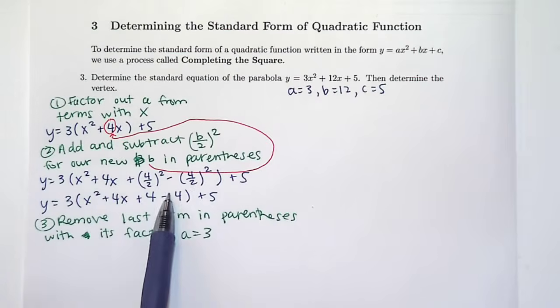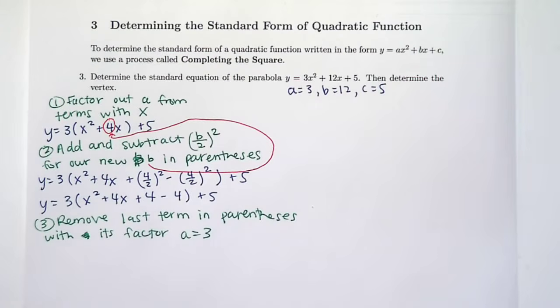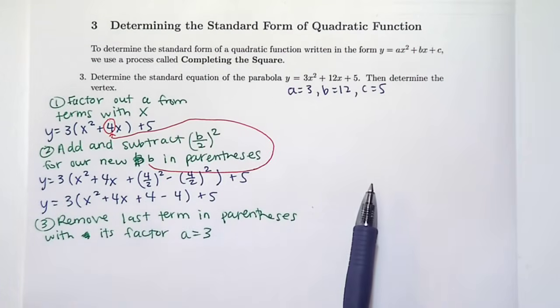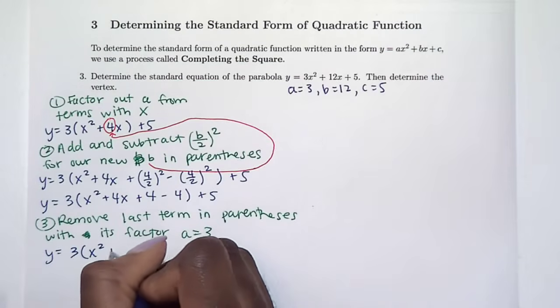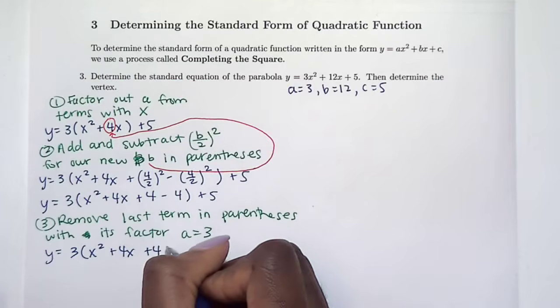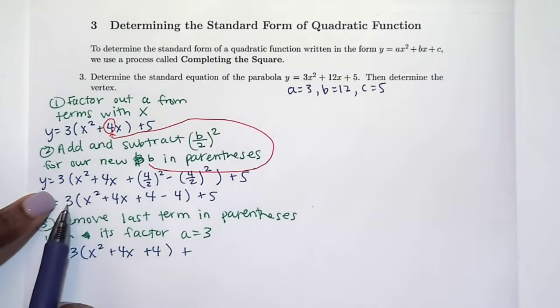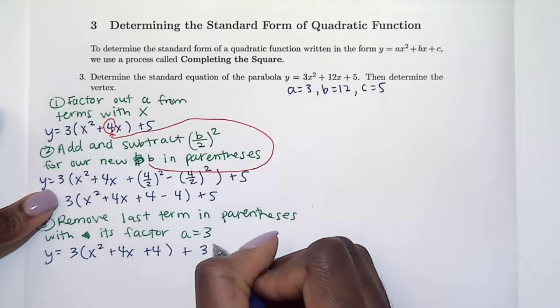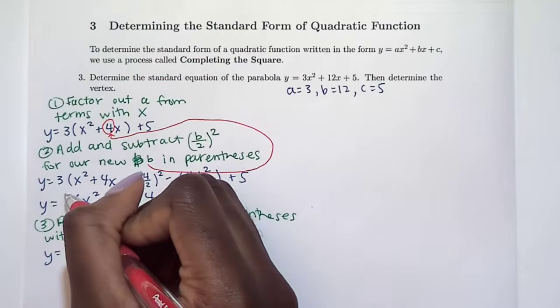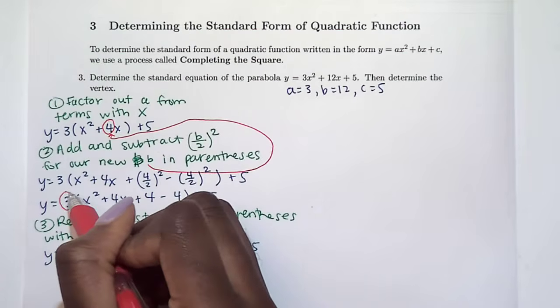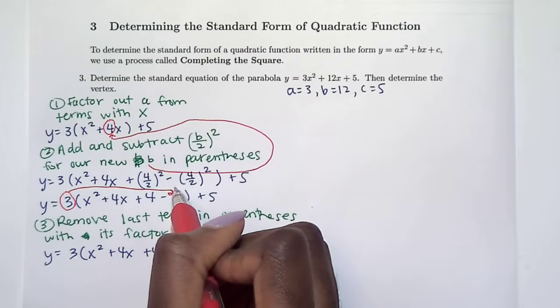So you have to distribute this 3 first before you can break this apart. So what we're going to do is only distribute the 3 to the last part so we can take it outside of the parentheses. So I'll show you what that looks like. All right, so when I distribute this, we have 3 times -4. So now we've taken that term outside of our parentheses. So we took this and we distributed it only with the last piece.